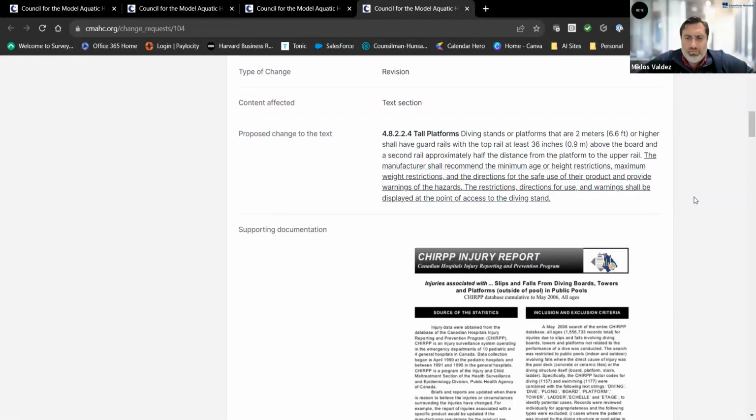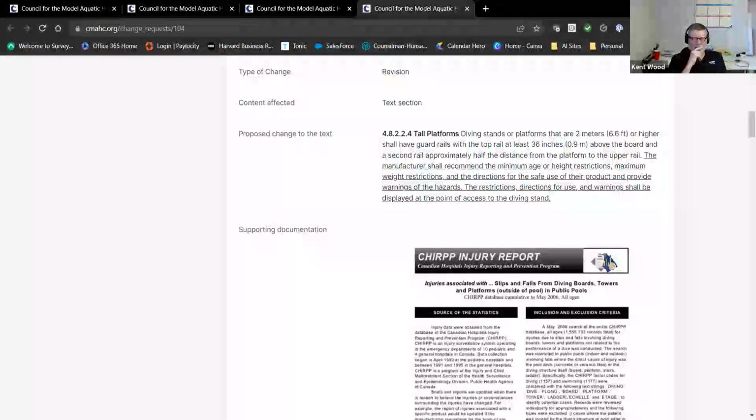Any other comments? So for this one to be passed, it would need some specific guidelines to be developed and inserted into the code, correct?